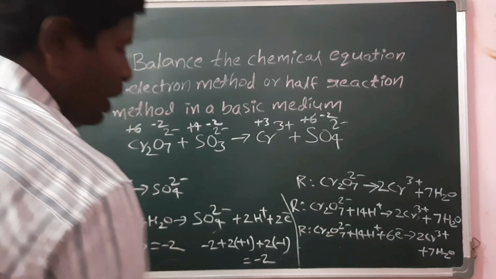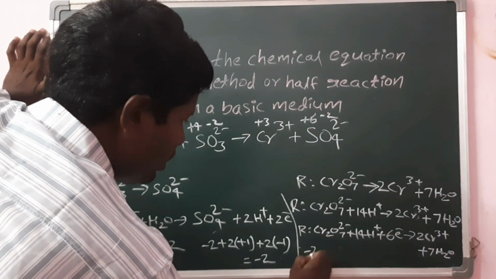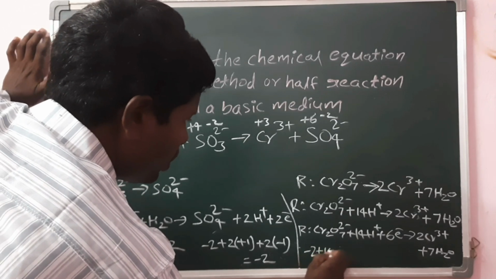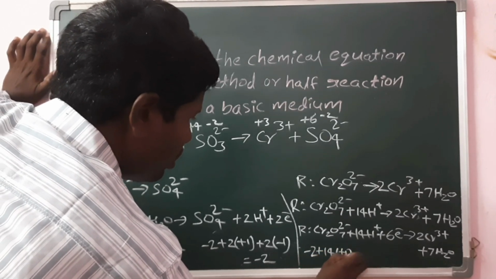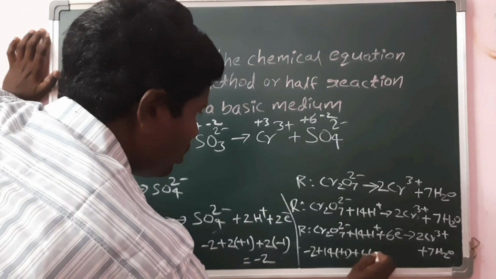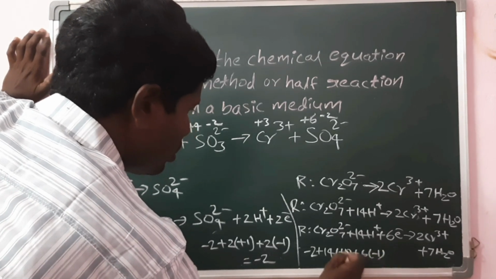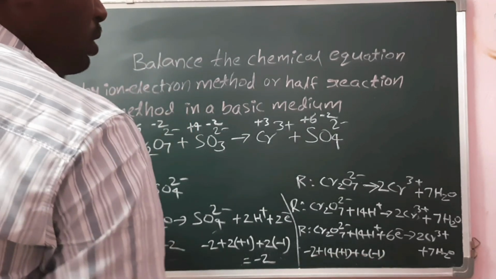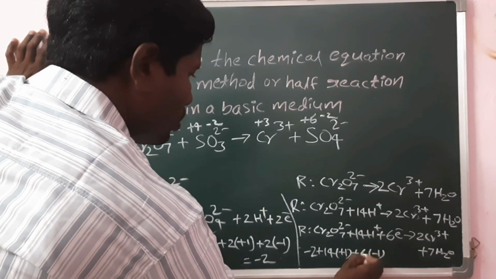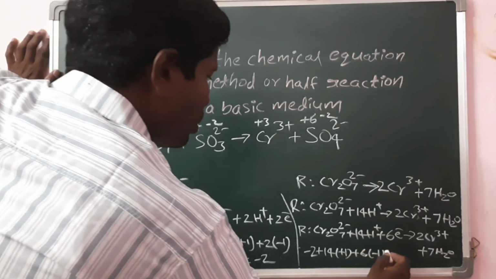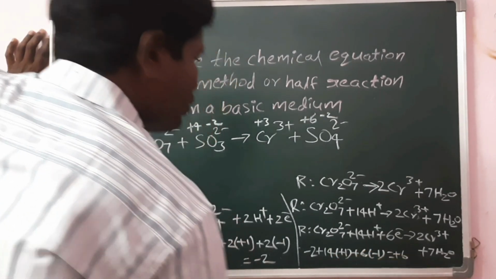See, here the addition of charges: minus 2 plus 14 into plus 1 plus 6 into minus 1, that equals plus 6. Okay.